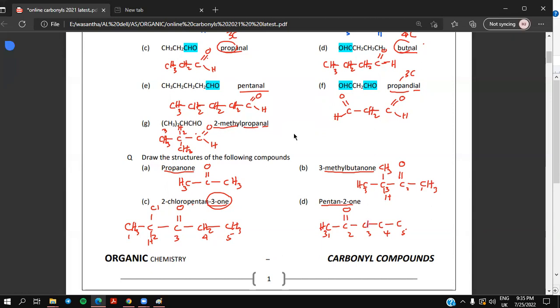CH3, this is CH2, this is CH2, this is CH3. Likewise, we can think about aldehyde structures and ketone structures in this manner. You can copy down if you have not done it accurately.